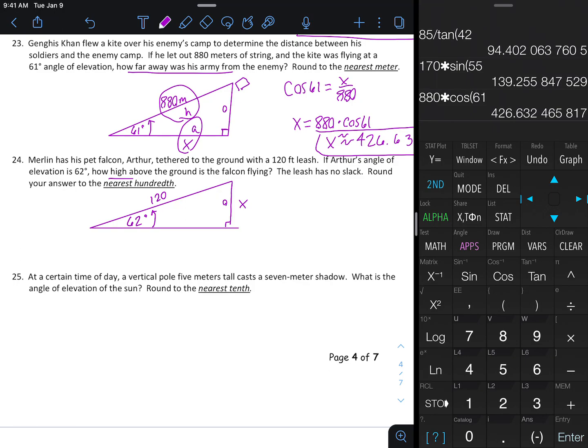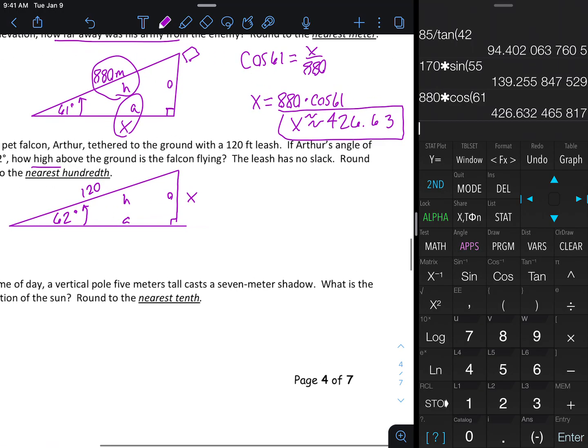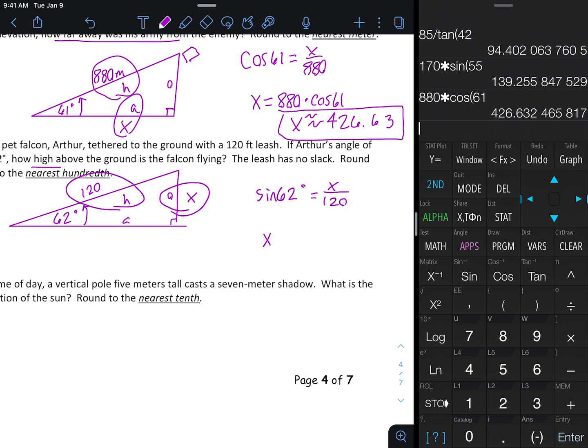Then you can put O, A, and the hypotenuse is always across from the right angle. So using the O and the H, that's the sine function. That'll be sine of 62 degrees equals x over 120. Okay, and then you can cross multiply that. Eventually calculator ready form is 120 times sine of 62 degrees.